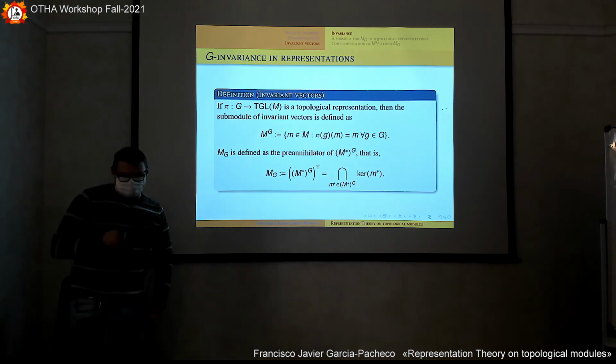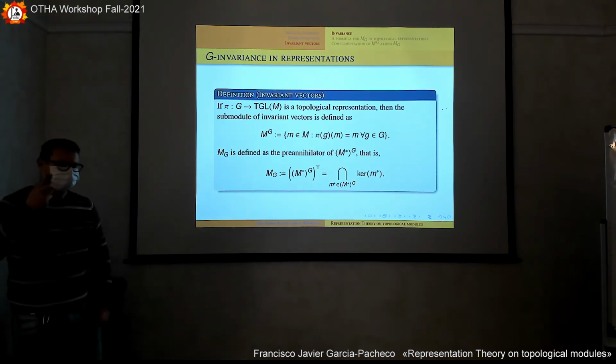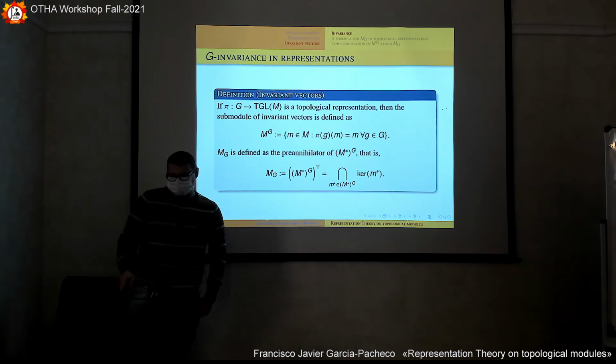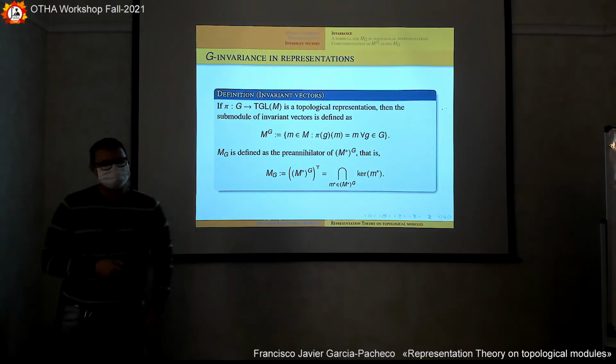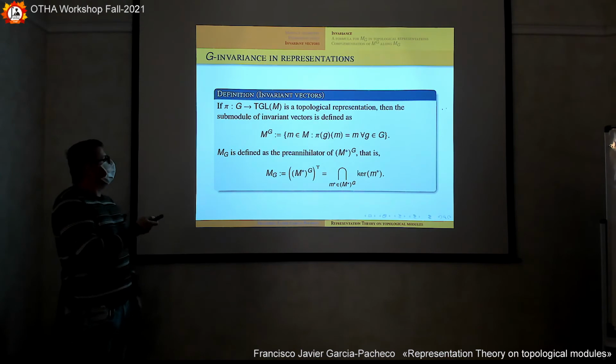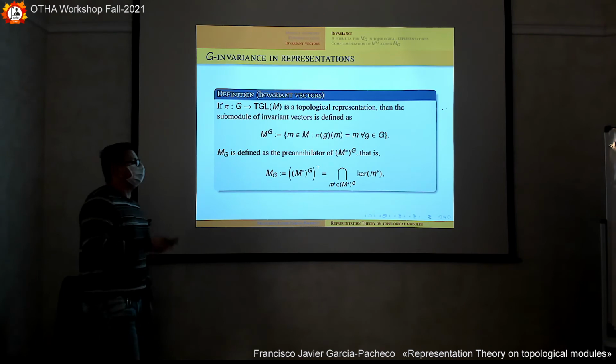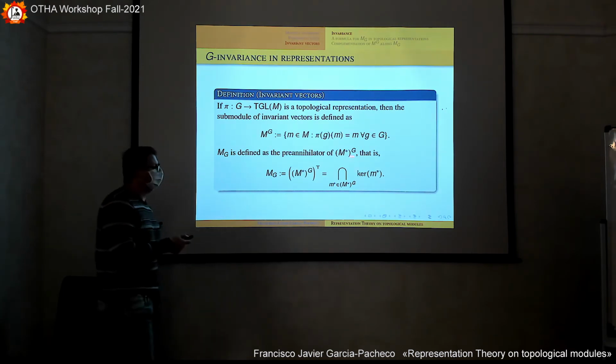Now, since every linear representation induces an action, we can transport the invariance of actions to linear representations. That results in the submodule of invariant vectors, which is defined this way: all elements which are invariant under pi of g. Keep in mind that pi of g is a continuous linear map from M to M for all g.